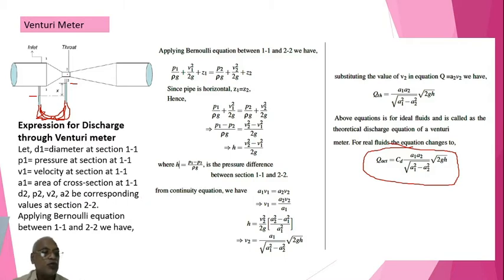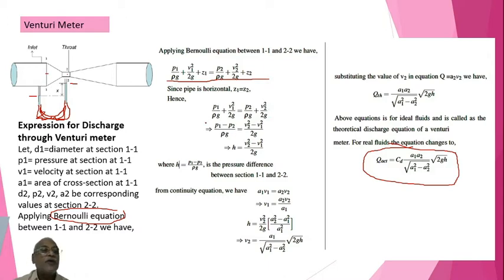Now, the most important thing is applying Bernoulli's principle. Bernoulli's equation at sections 1 and 2: P1/γ + V1²/2g + z1 = P2/γ + V2²/2g + z2. Because 1 and 2 are at the same level, z1 equals z2, hence P1/γ + V1²/2g = P2/γ + V2²/2g.